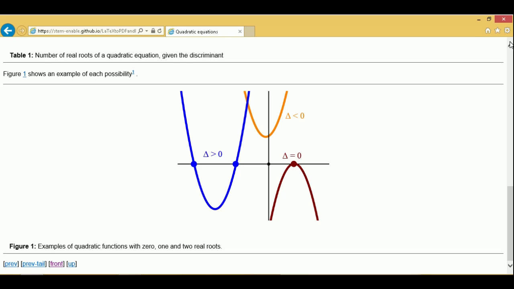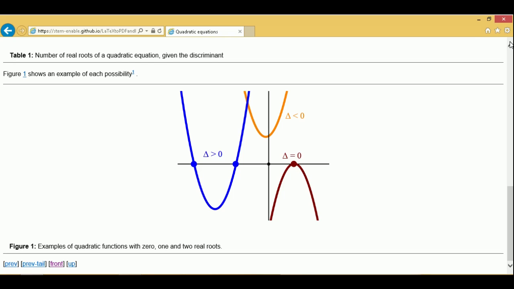Graphic: the central quadratic opens upwards, does not cross the horizontal axis, is labeled capital delta less than 0 and is drawn in yellow. Graphic: the rightmost quadratic opens downwards, touches the horizontal axis at a single point, is labeled capital delta equals 0 and is drawn in red. Figure 1: examples of quadratic functions with 0, 1 and 2 real roots.